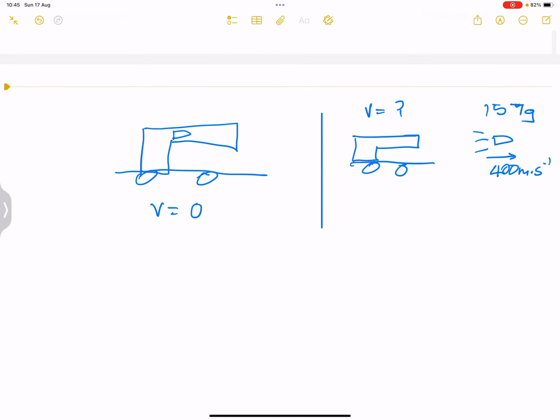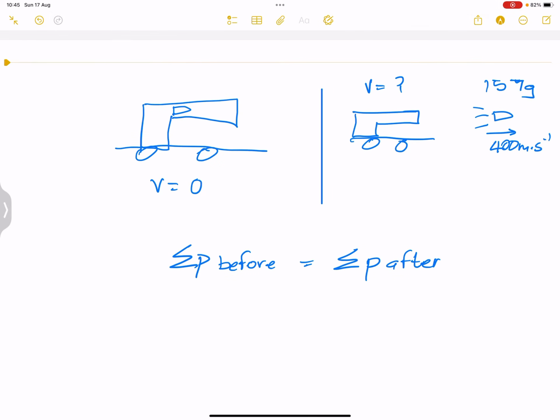So we're going to say, well, sum of momentum before collision will be equal to the sum of their momenta after collision. And please allow me, ladies and gents. So I'm going to say, well, this is the mass of the gun plus the mass of the bullet. This is before collision, so the initial velocity, we know that it's going to be 0.